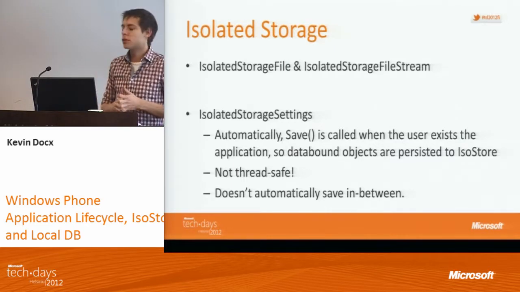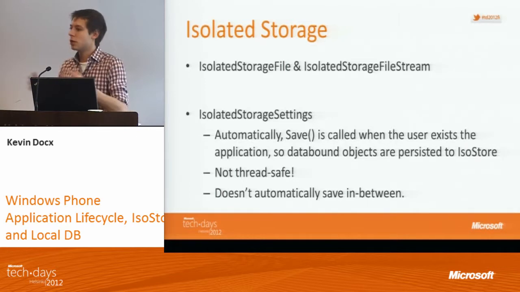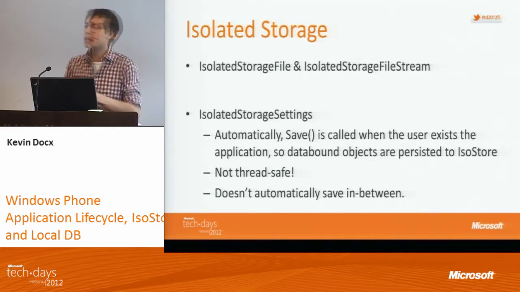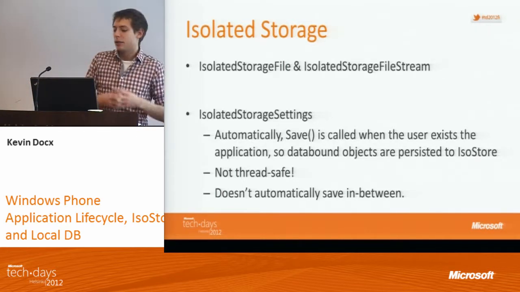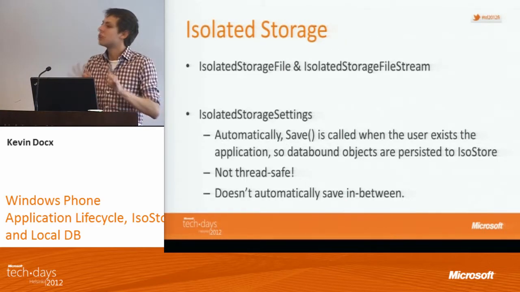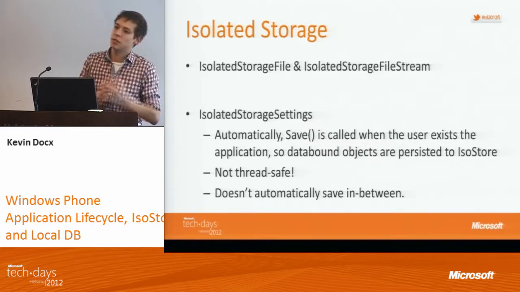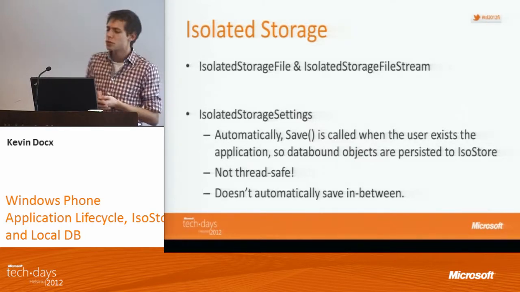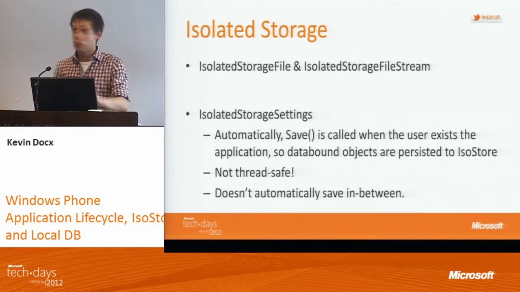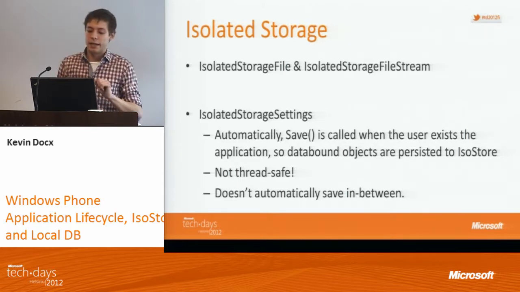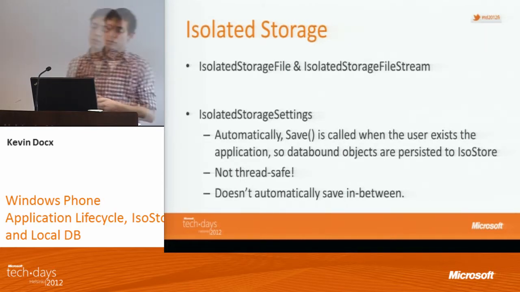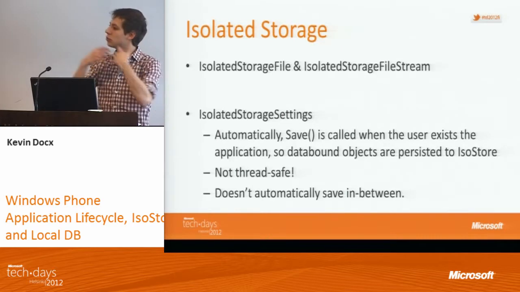And it's also important to notice that the isolated storage settings are not thread safe. They can be used, but keep that in mind. Also, you need to call the save method on those isolated storage settings because it does not always save in between. So that's quite important to know. It's usable, it's easy, but there's a few things to keep into account. So I actually prefer to use file stream.